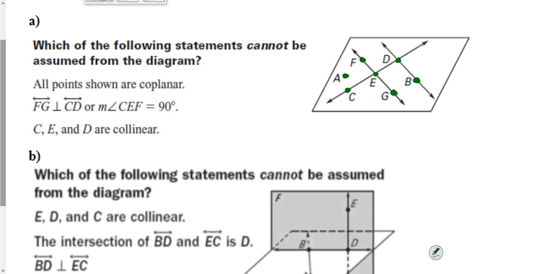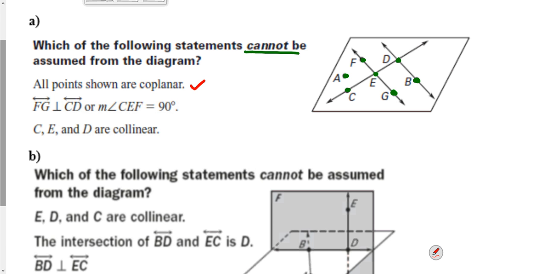Yes. So they are all coplanar. So we're looking for cannot be assumed. So this one checks off. That's not one of our answers.